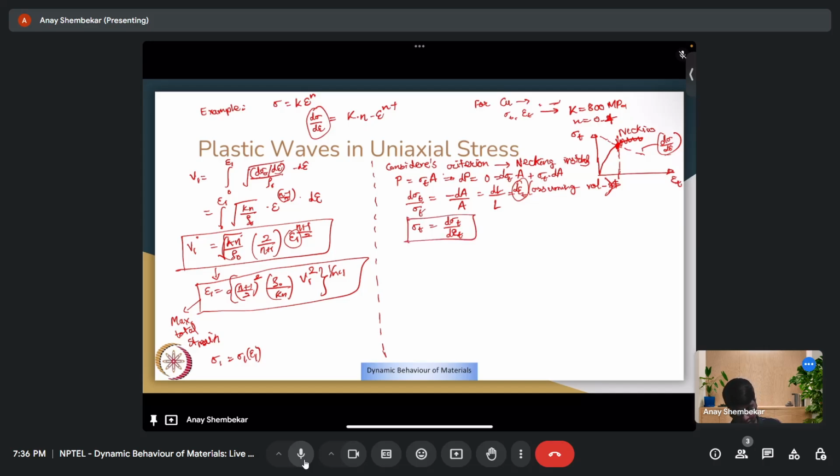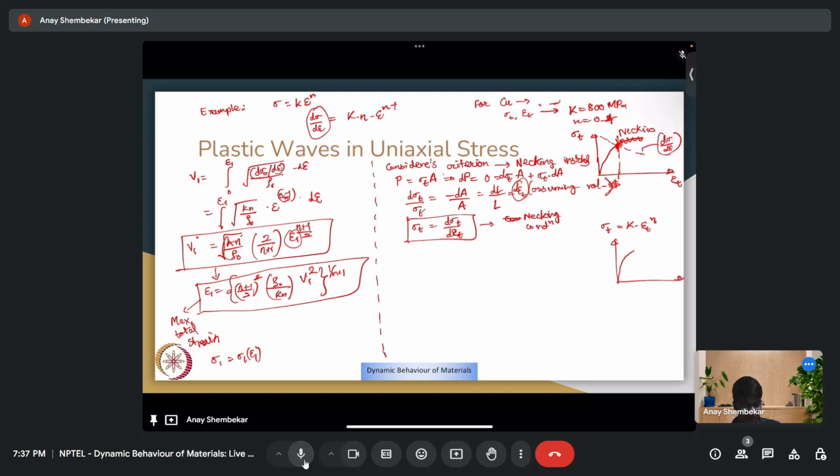This is my Considere's necking condition. And for a lot of metals, we can write sigma t is equal to k times epsilon t raised to n. So the engineering stress strain curves that we have seen before can go like this.